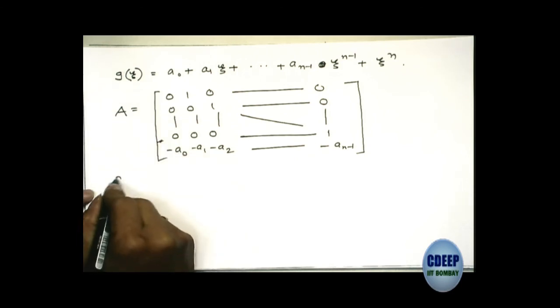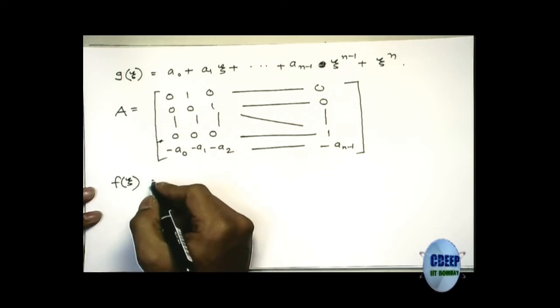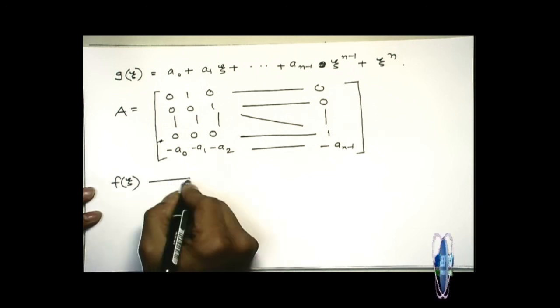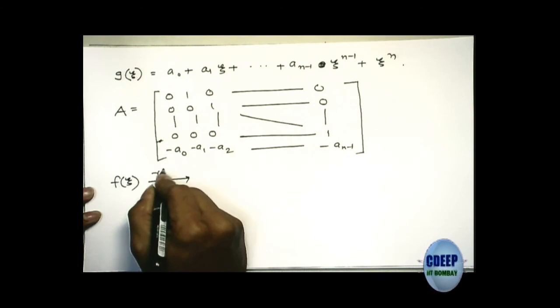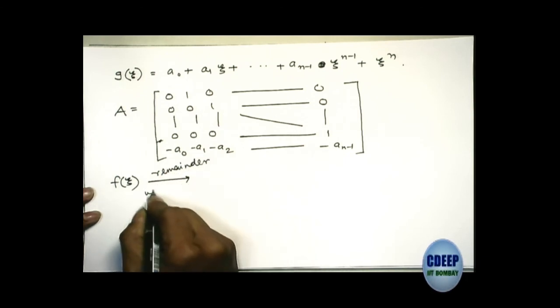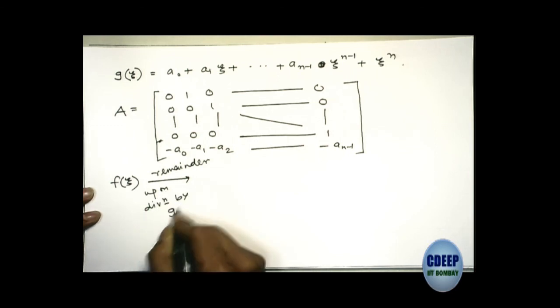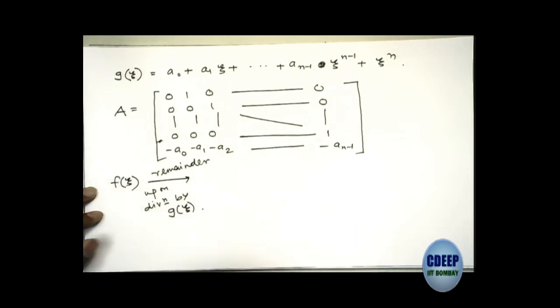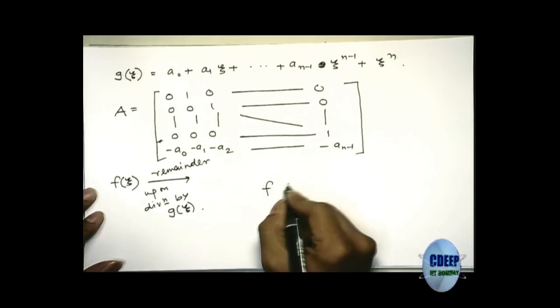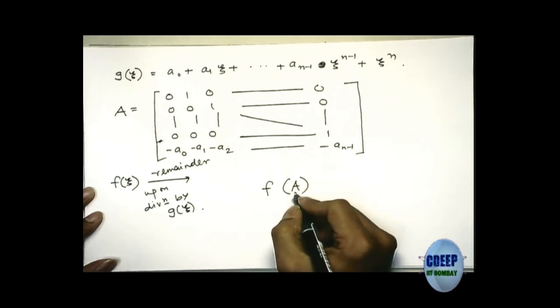And then if somebody gives us another polynomial f of xi and asks us to find out the remainder corresponding to this polynomial upon division by g of xi, all we need to do is we replace xi by the companion matrix A. This will give us a matrix polynomial.